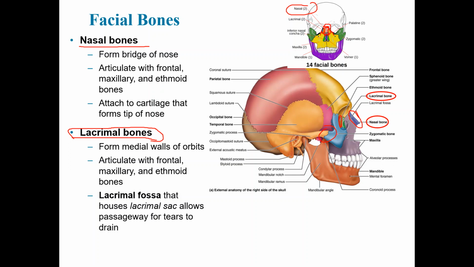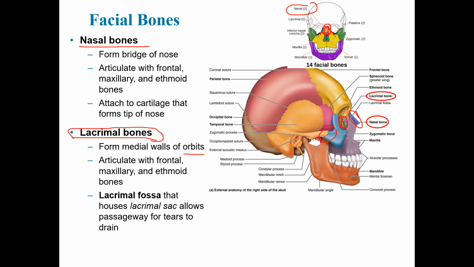Okay, the lacrimal bones are very small, and over here highlighted in green. Okay. These form the medial walls of the orbits. Again, we're going to look at the orbits specifically and all the bones that contribute to the formation of the orbits themselves.